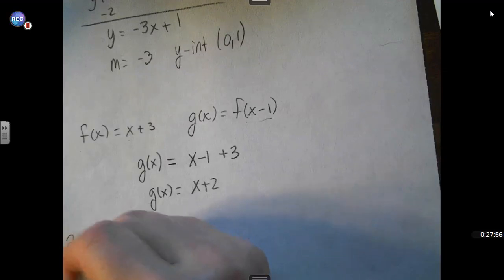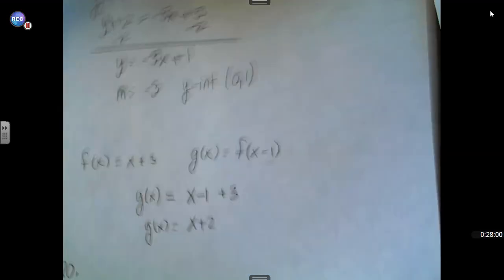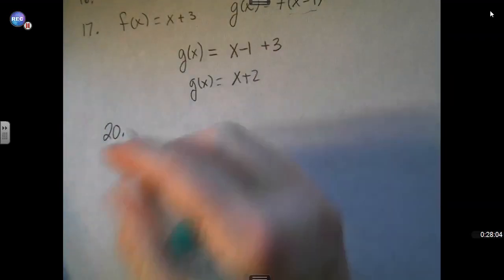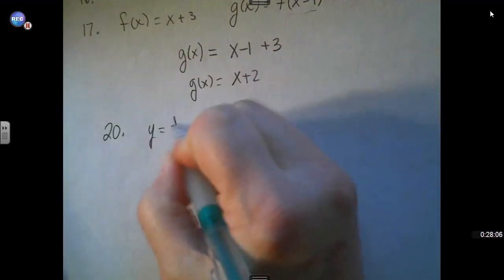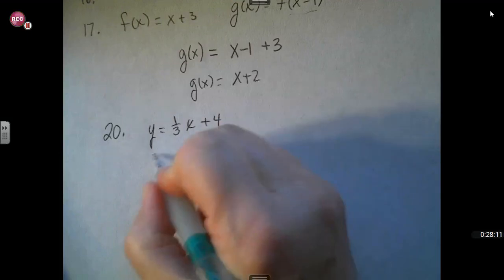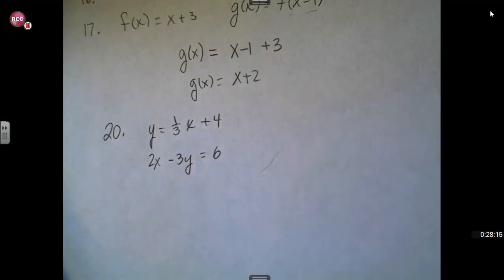So now we are on number 20, and we are supposed to solve the system of equations. Y equals 1/3 x plus 4, and 2x minus 3y equals 6. Well, this is set up for substitution.